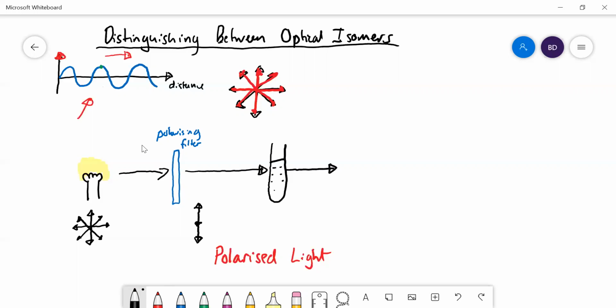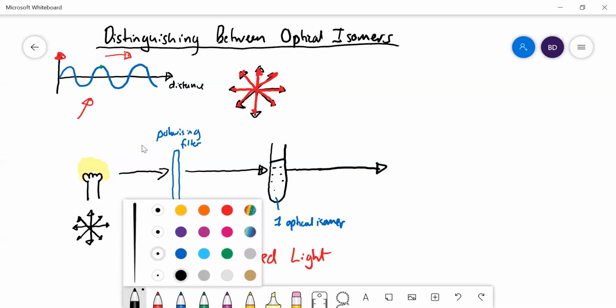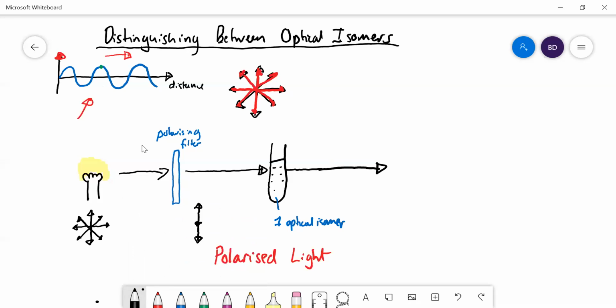Now what I've got in this test tube here is one optical isomer of a compound which is chiral. When the light is passed through that, what happens is the light is polarized still, but the plane of polarization has been rotated.